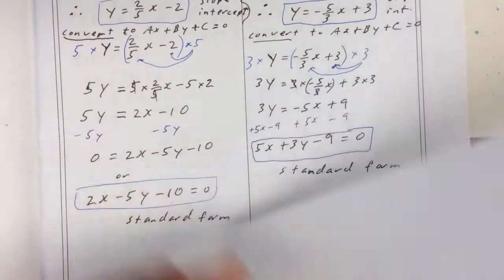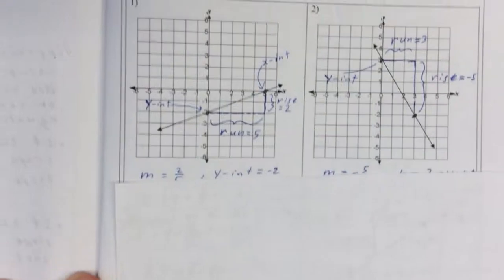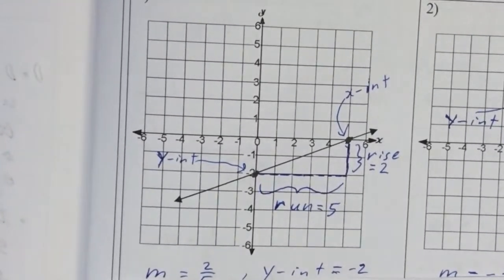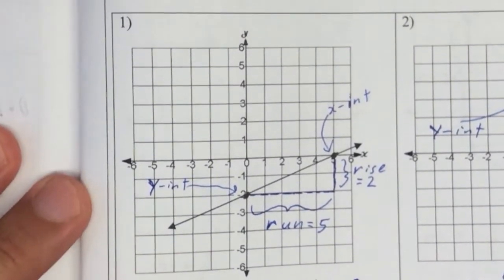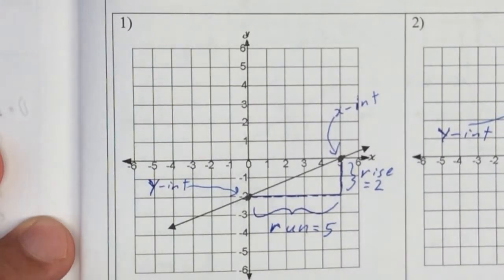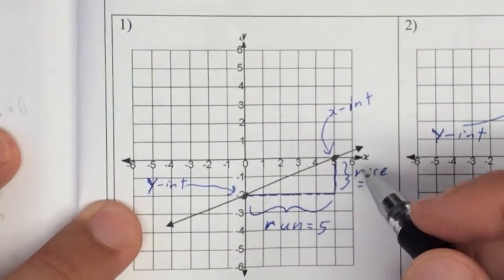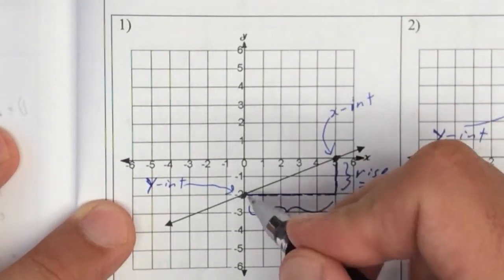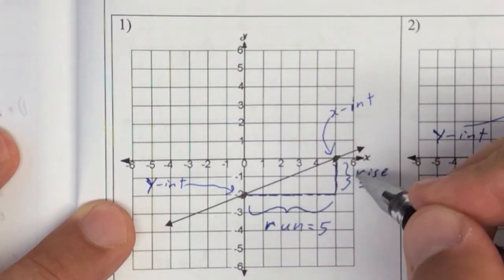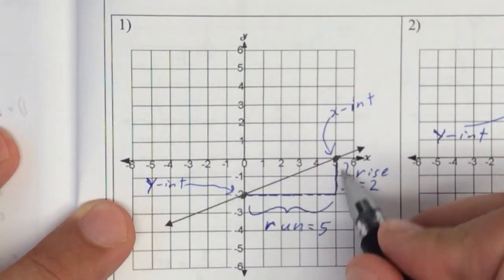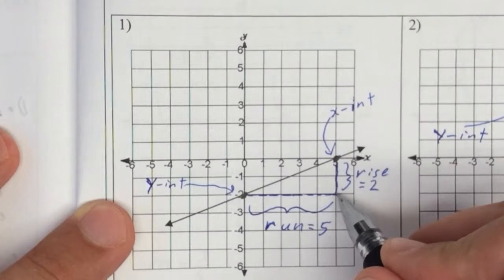So some examples here. How about this first one? Let's blow this up a little bit. So here's the graph. On the graph, we can see the x-intercept and the y-intercept, and we can draw a triangle on there to find the slope. Very nice.